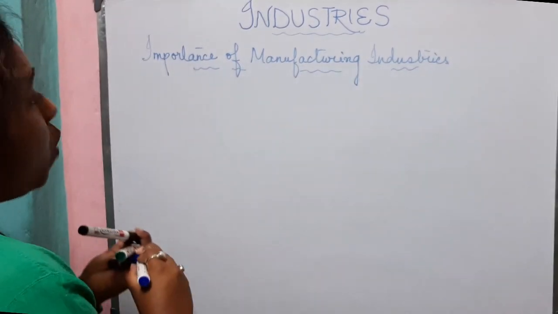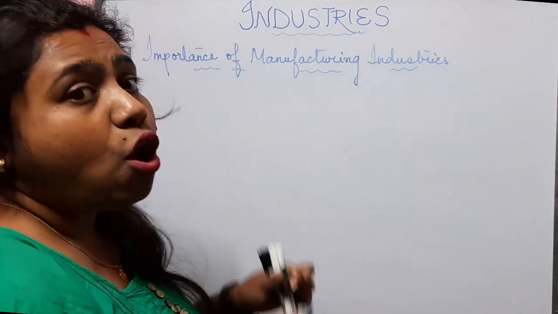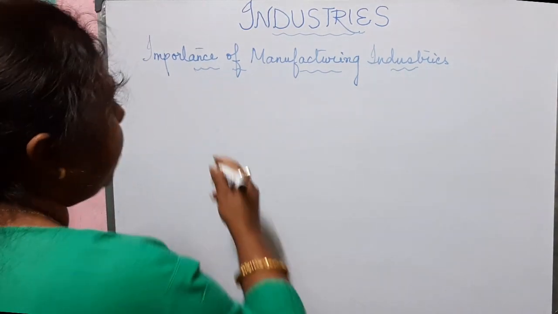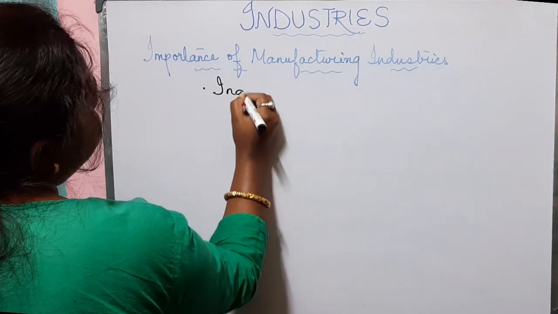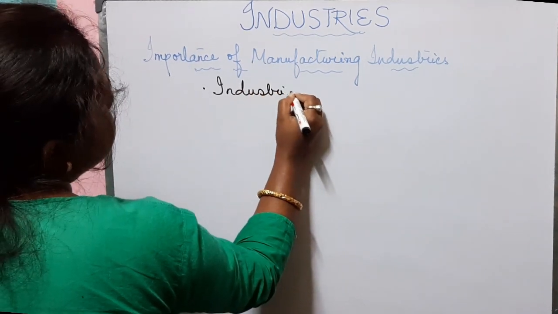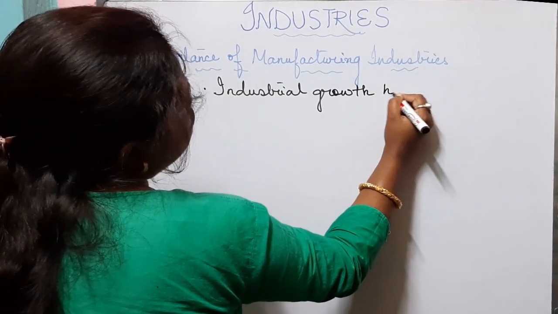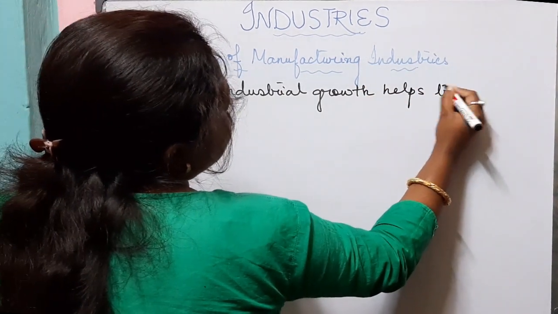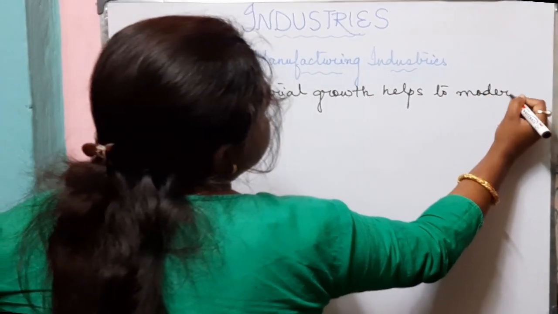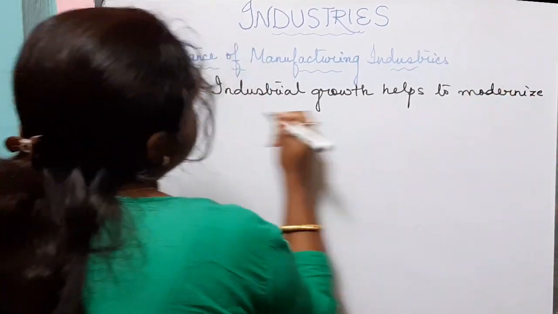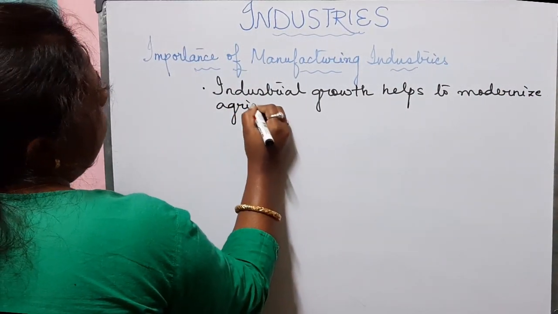Now let us know why the manufacturing industries or the industrial growth are very, very important. As there will be industrial growth, it will help to modernize agricultural activities.